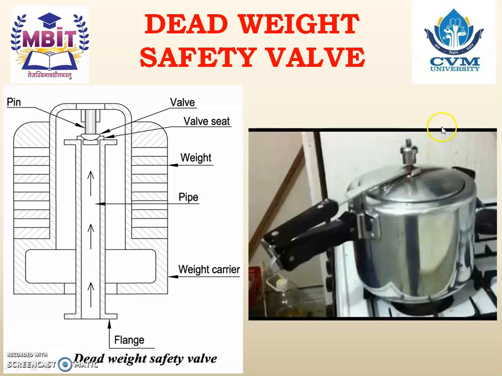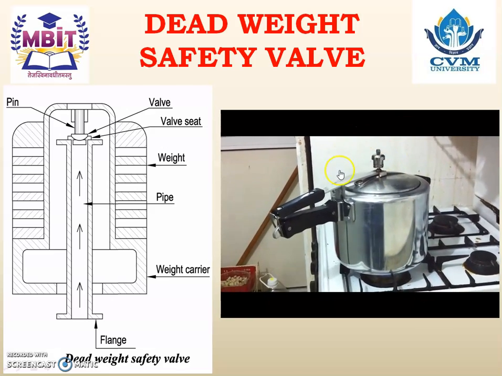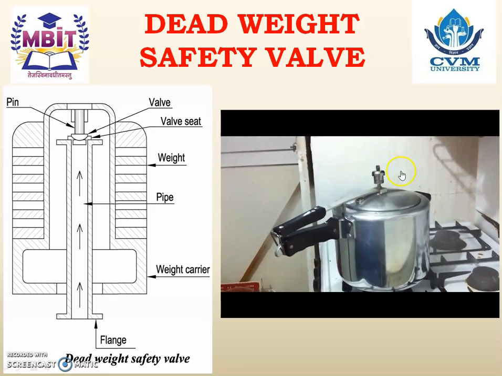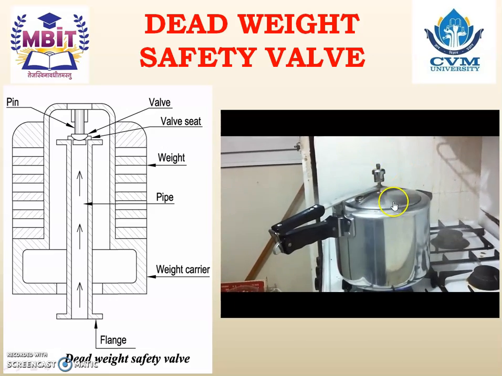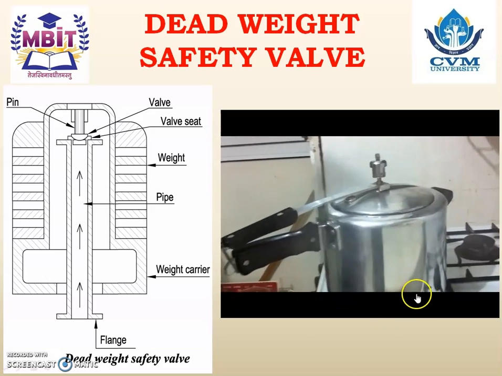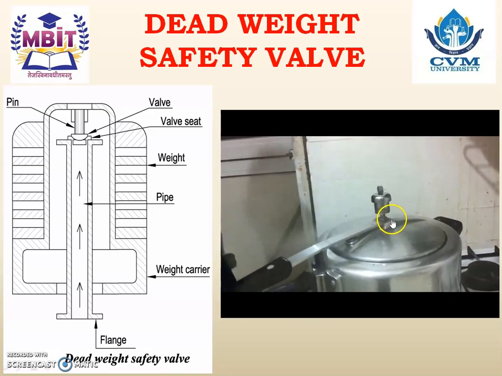So the whistle is one example of the dead weight safety valve. Now let us see the working of this whistle in the pressure cooker. As the pressure of steam increases, the valve lifts up and allows the steam to go out. And when steam pressure reduces, the whistle takes its original position.